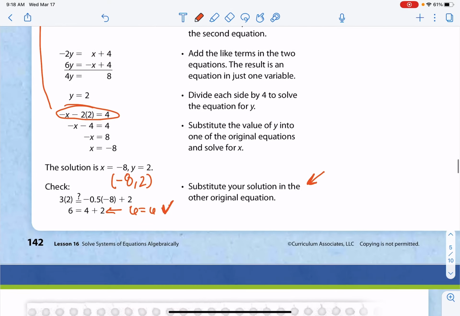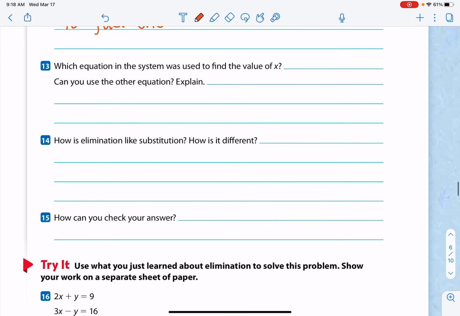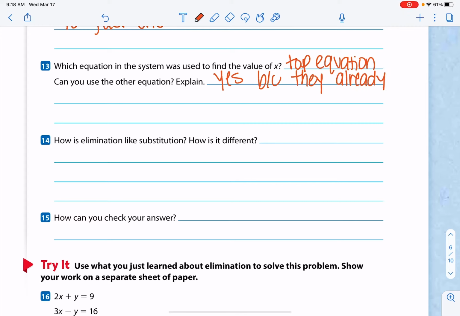All right, so they used that top equation. And then it says, can you use the other equation? Yes, because you know the value of y. Because they already found the value of y.